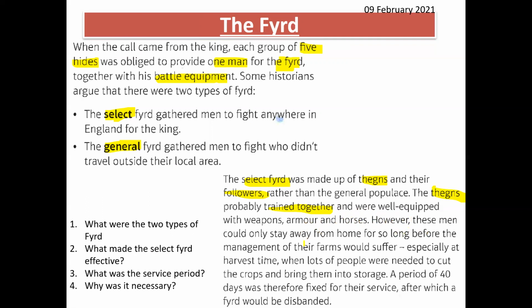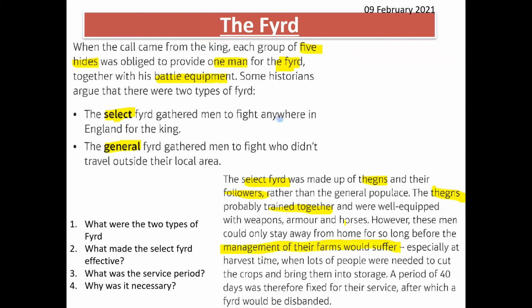However, remember, Anglo-Saxon society is an agricultural society. The wealth and the health of the kingdom was dependent upon people growing the crops and essentially paying taxes from those crops. The last thing anyone needed was to be away from their farm for too long.